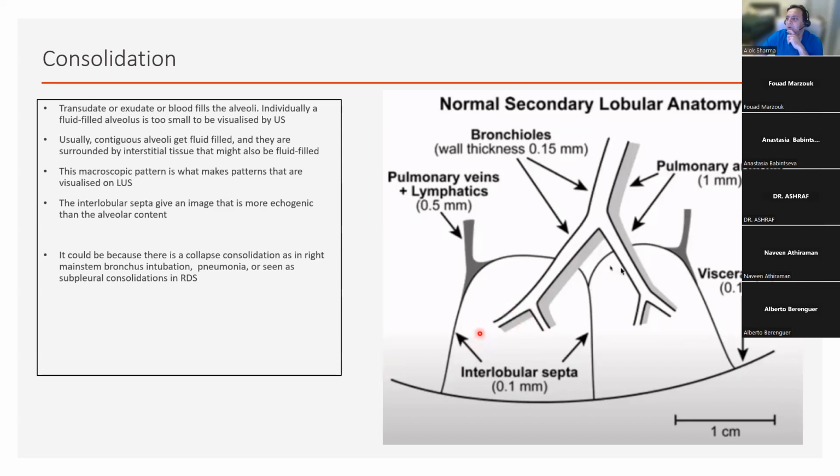In between the bronchioles you have interstitial spaces. These interstitial spaces have pulmonary veins and lymphatics. And when you have fluid in the interstitial space, you're going to get more B lines in a B profile. You get aeration of these particular areas with the alveoli. The alveoli expand, then these interstitial spaces get squeezed, and you get transition of a B profile to an A profile, which is well aerated lung.